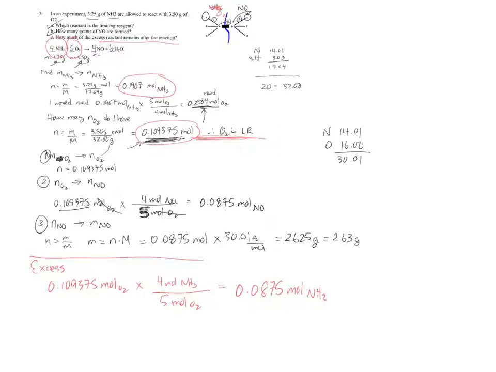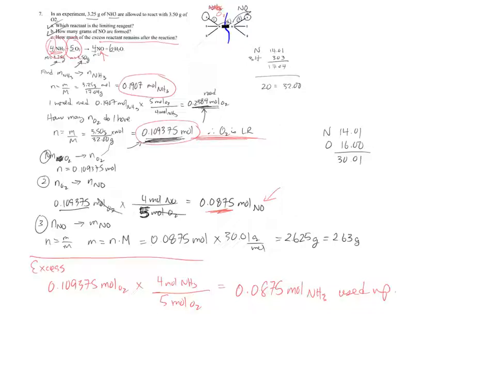It's interesting that this number is the same, but it's the same because this one was nitrogen monoxide on the right side, and I'm going to ammonia, and it just happened to have the same coefficient. So 0.0875 moles of ammonia got used up. But initially, how many moles of that stuff do I have?